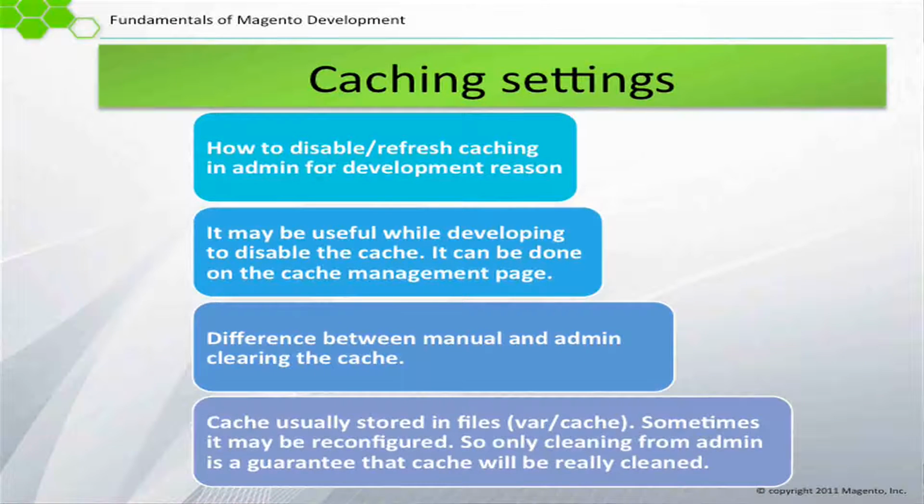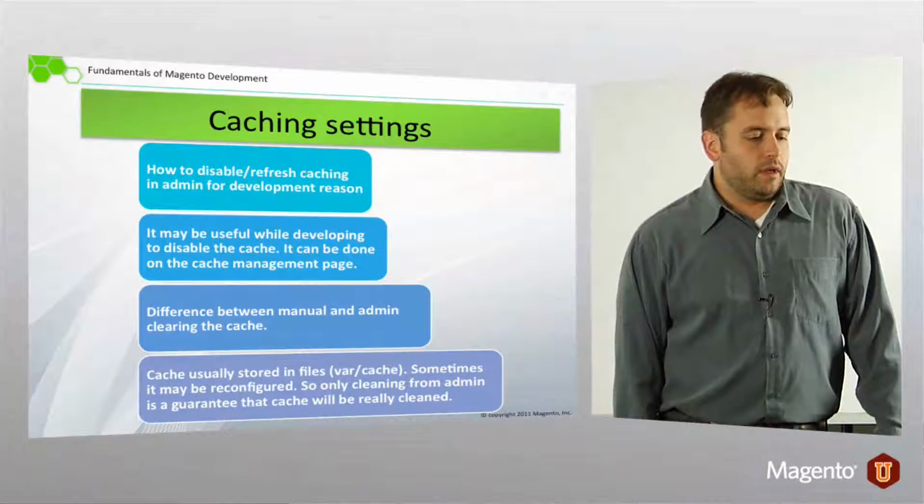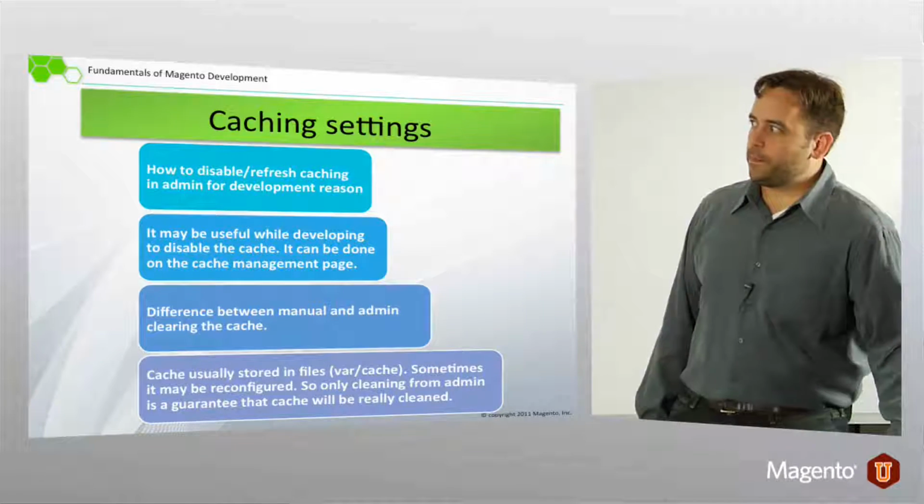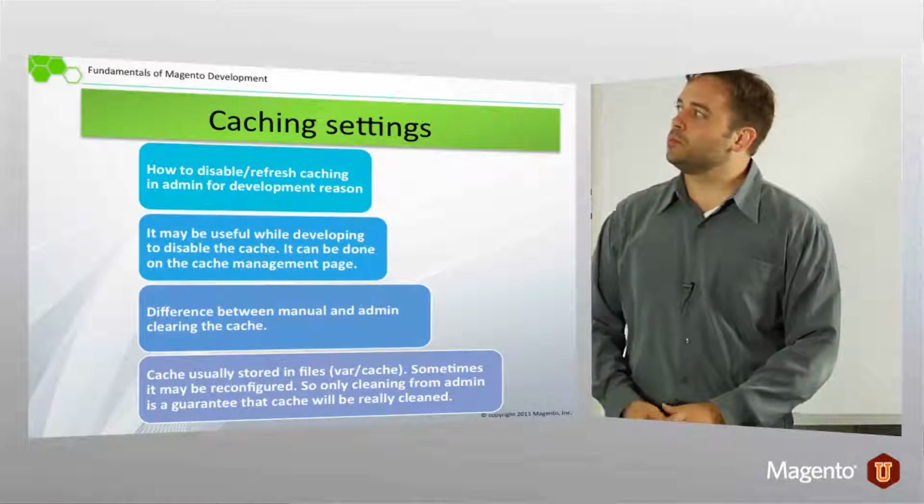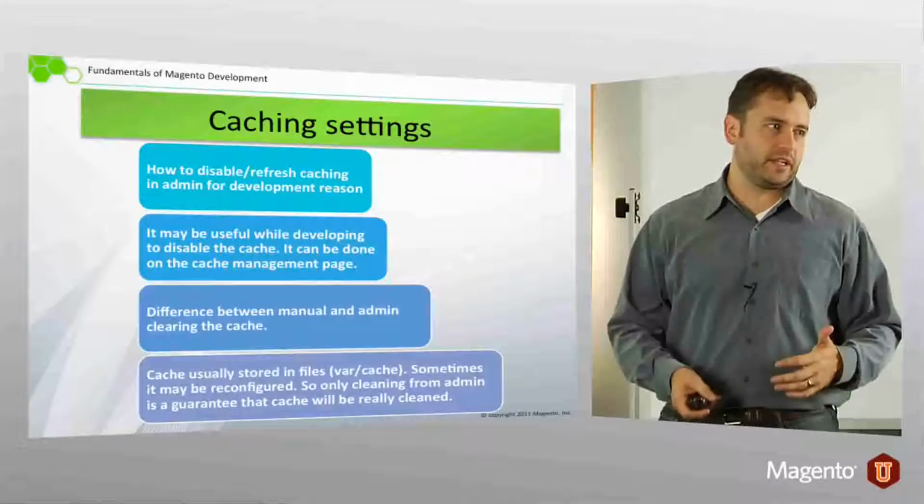So, caching settings. I've talked about this a little bit. Obviously, when you are developing, you may want to save yourself a few keystrokes or mouse clicks and leave different cache areas disabled. But at some point, responsible development means that you have to enable that caching again.